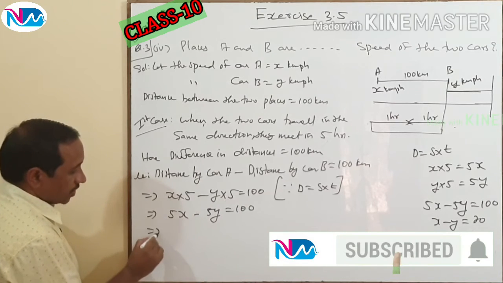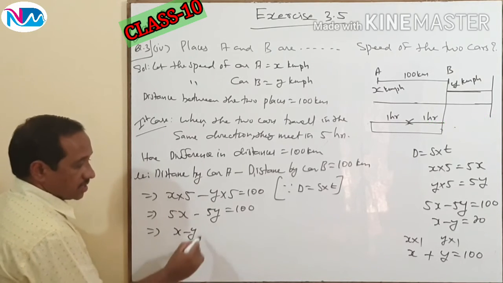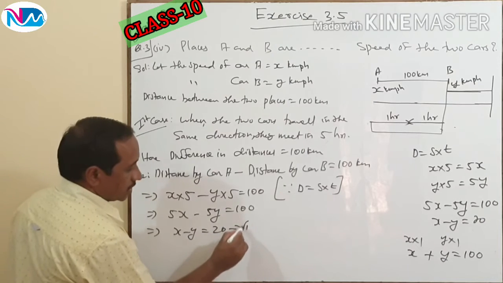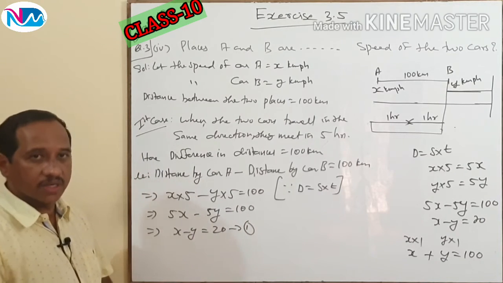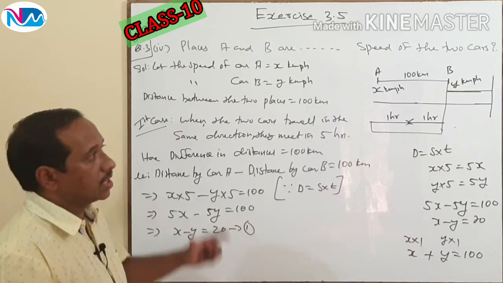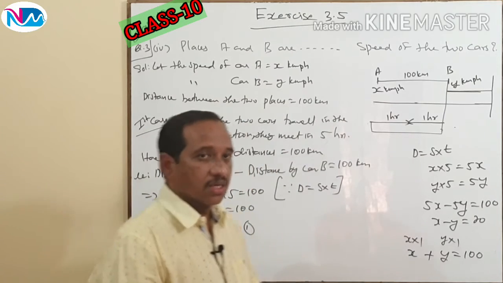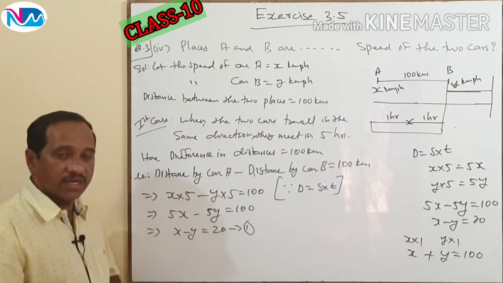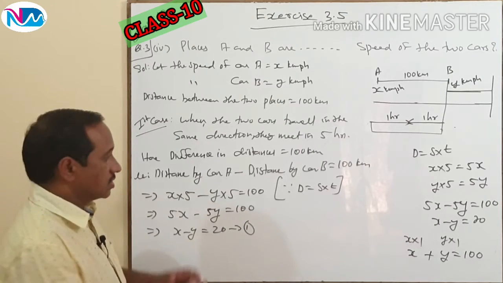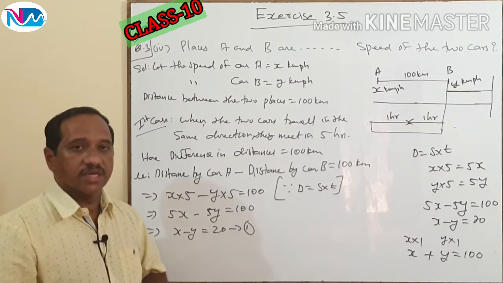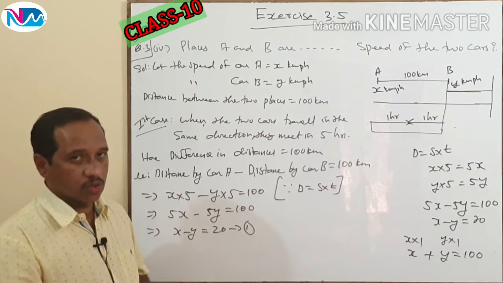Dividing throughout by 5, we get x minus y is equal to 20. That is equation number 1. So when the two cars travel in the same direction, we get the equation x minus y is equal to 20, because the difference in the distances they traveled is equal to 100 kilometer.